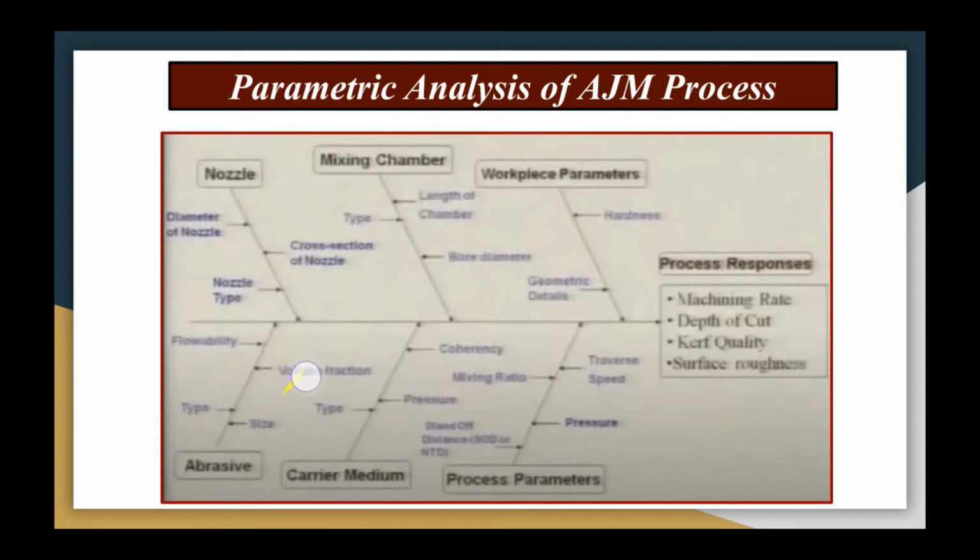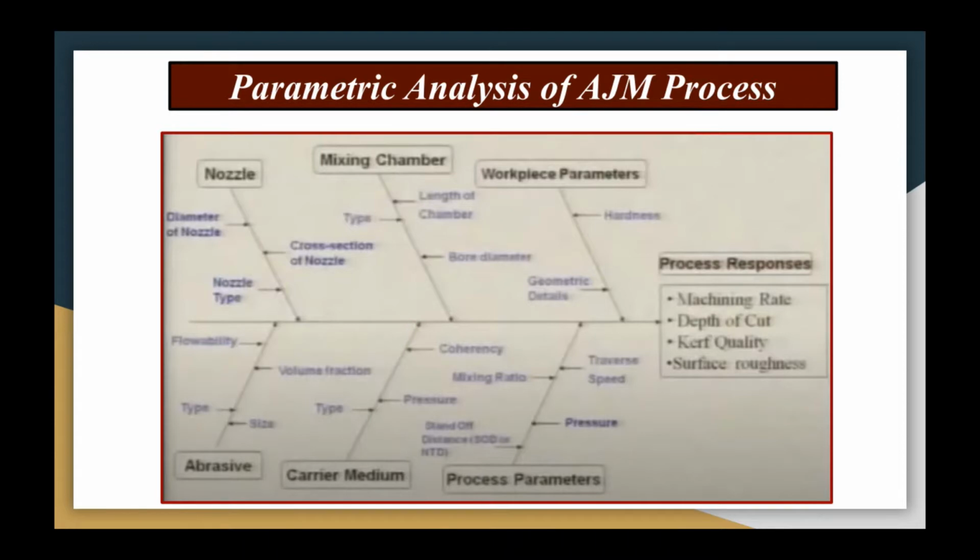Once again I repeat, flowability of the abrasive, then types of the abrasive, and the size of abrasives are again very important parameters. Then the volume fraction of the abrasive flowing along the air abrasive jet is again a controlling parameter as far as MRR, the material removal rate, is concerned. It also controls the accuracy of the machining cavity.